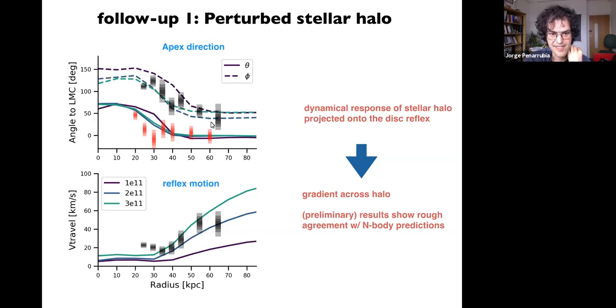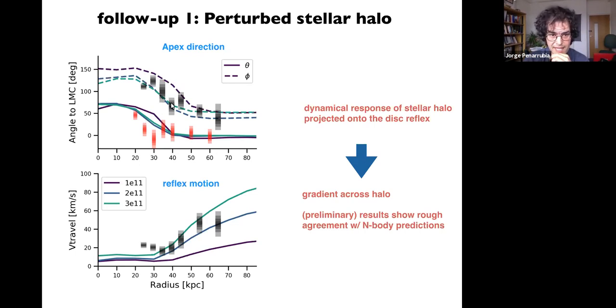What we see is exactly what we expected. Lines are the prediction from N-body simulations. These are the theta and the phi components of the apex direction. You see that the apex is moving on the sky, and we believe this is due to the response of the stellar halo at small distances. So what you see is some projection of the global response of the stellar halo.